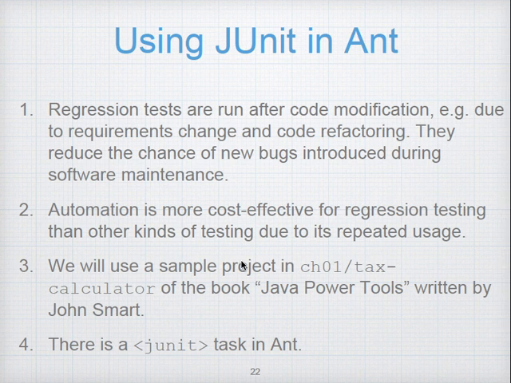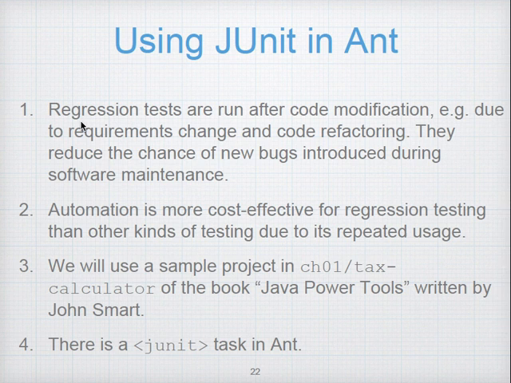Okay, first, we've talked about regression tests so many times. Regression test is testing that we do after we modify the code. The purpose of regression test is to make sure that our software change did not introduce new bugs.